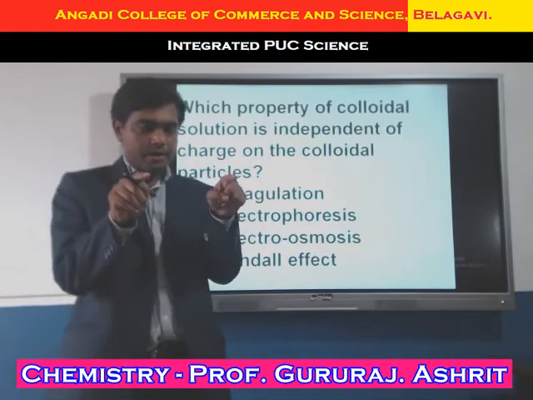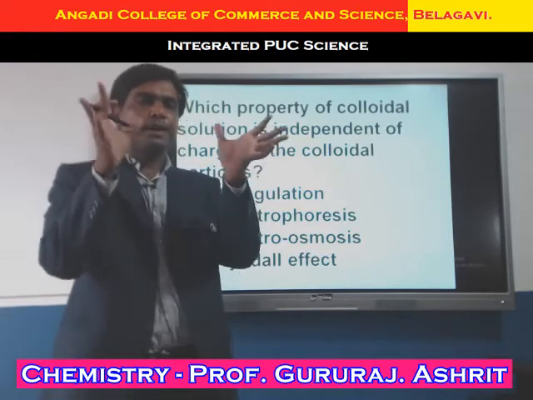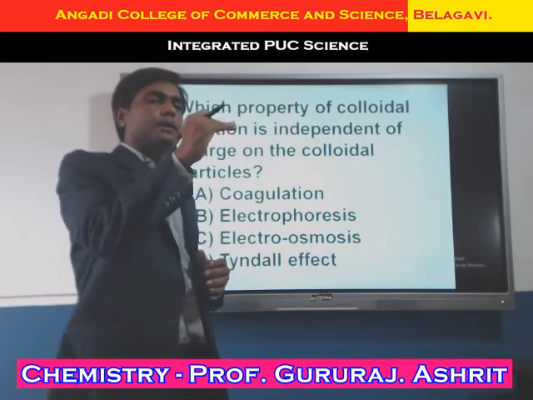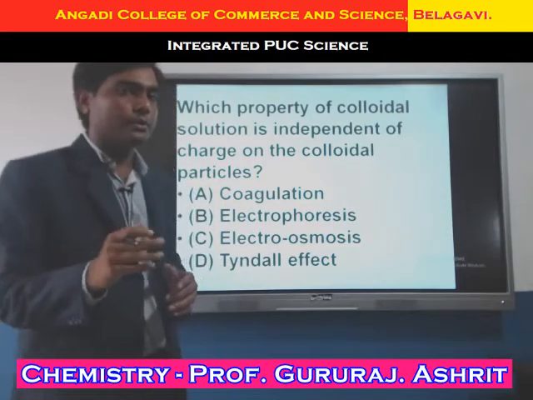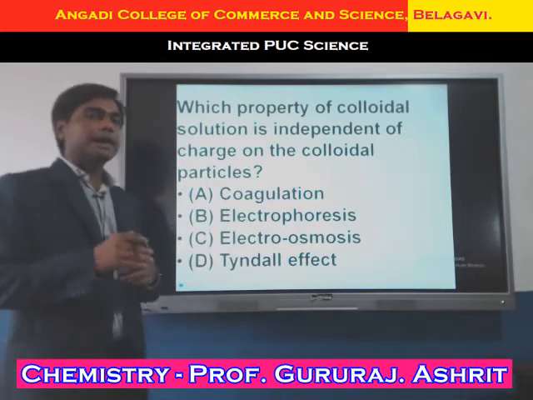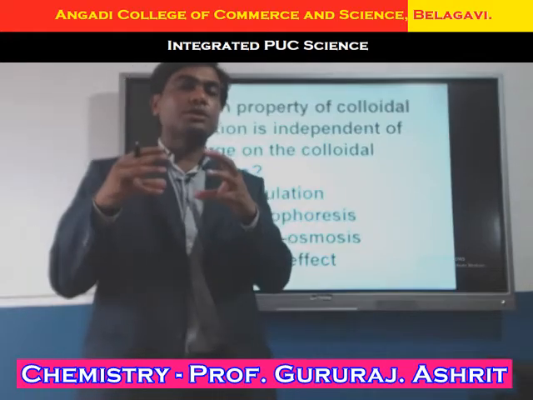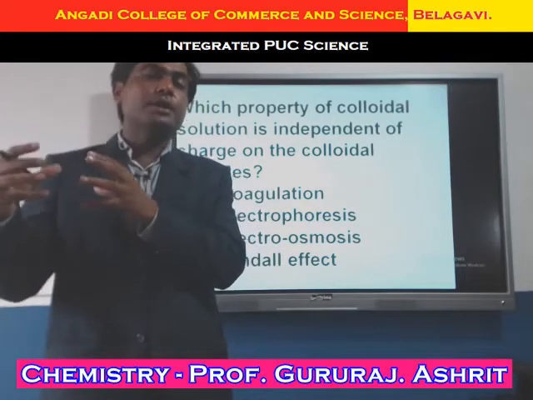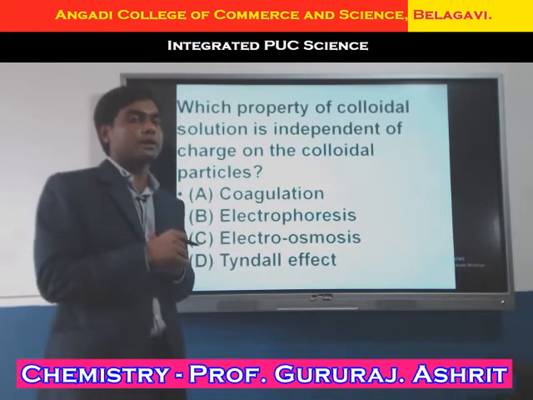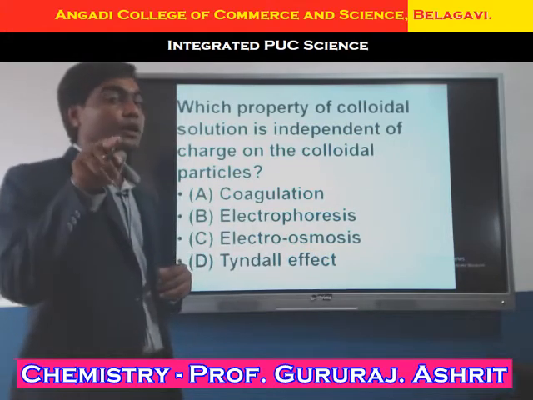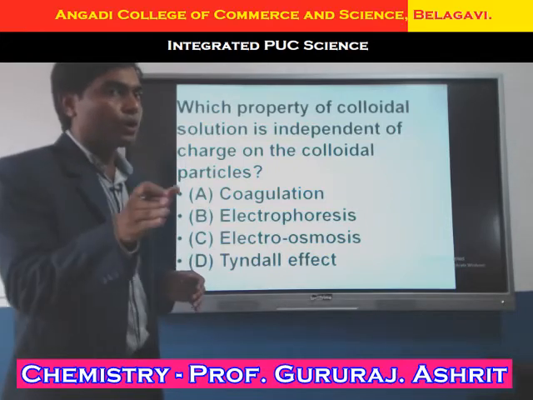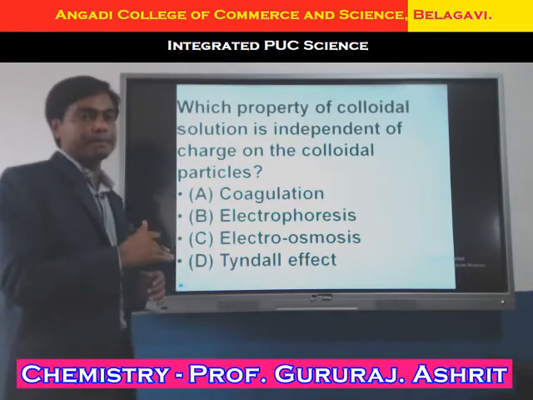We take a U-shaped tube, keep two electrodes, and when you pass the electric current, the colloidal particle will move towards the opposite electrode. That depends upon the charge. And electroosmosis, where the concentration flows from higher to lower, and that depends upon the charge of the particle. If the particles are neutral, it will allow flow. If not neutral, it will not allow flow through the semi-permeable membrane.